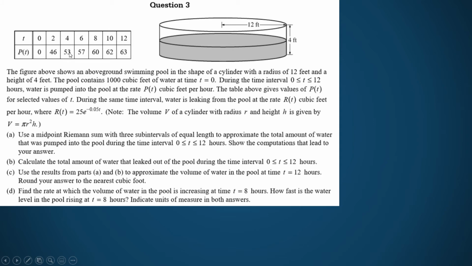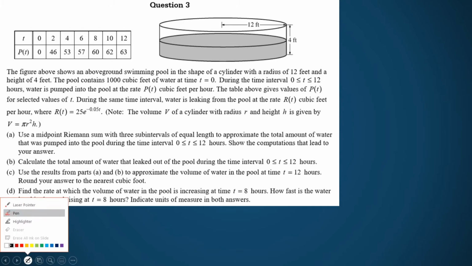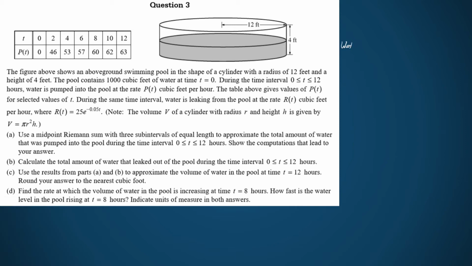And then I want to use these results to estimate the volume of water in the pool at 12 hours. Okay, what would we need to do? There are 3 things that we need to know.